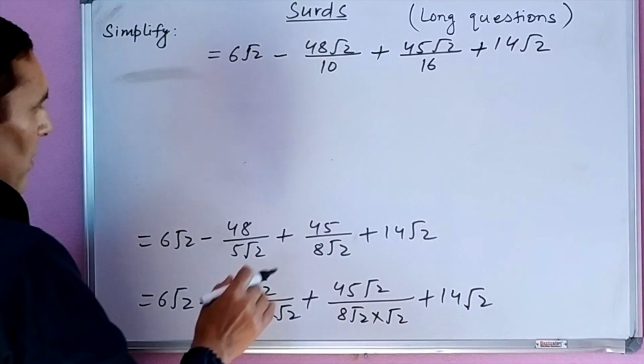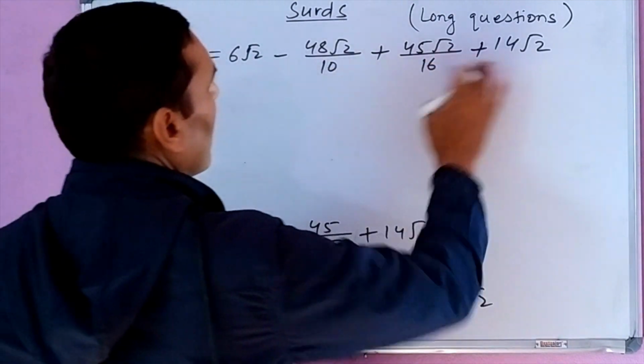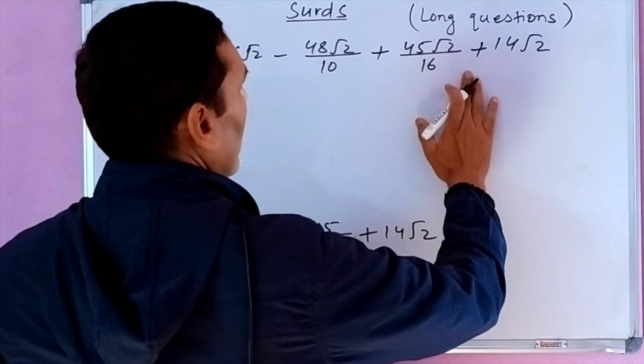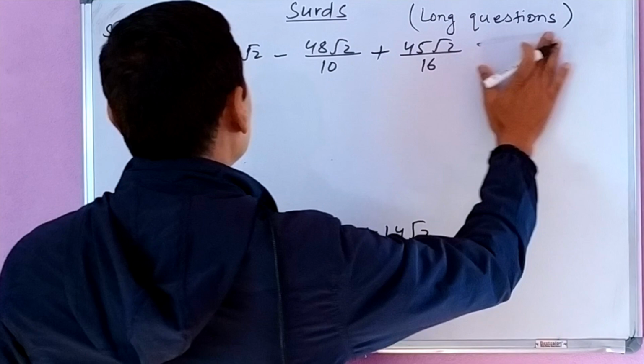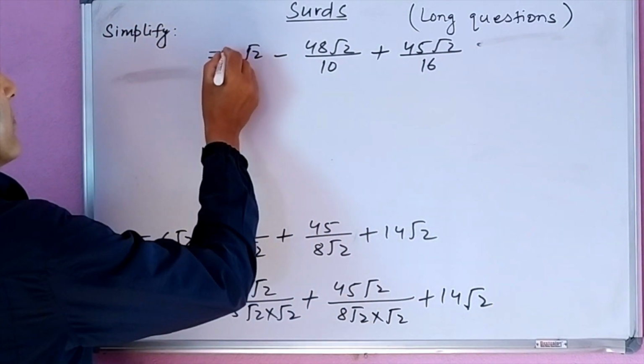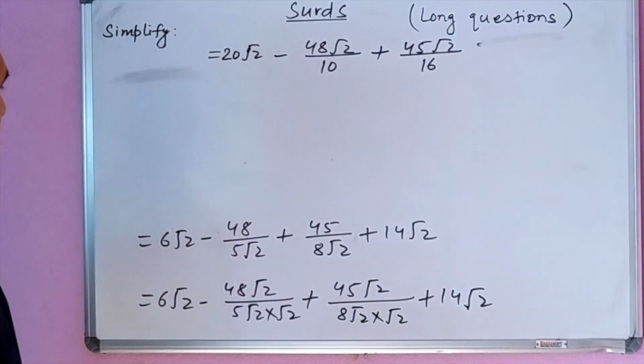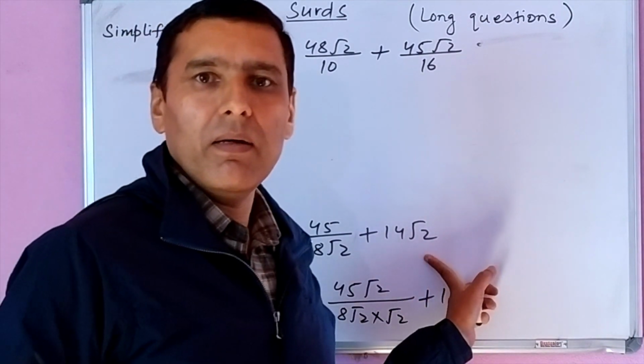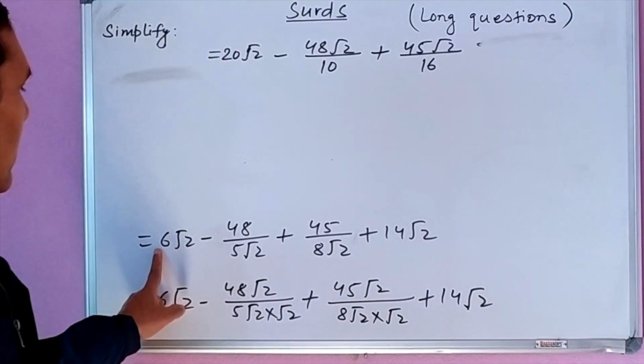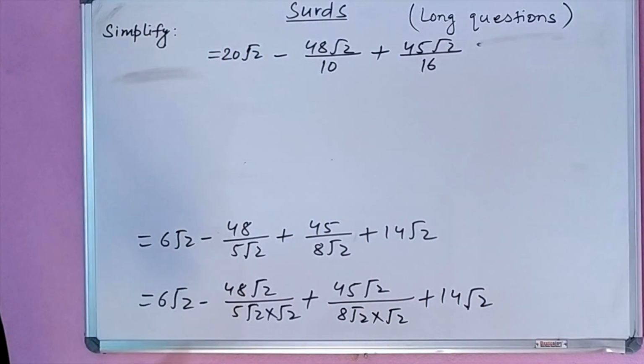For 6 root 2 and 14 root 2, we can write 20 root 2, because they are like surds which can be added. So 6 plus 14 is 20, and root 2 as it is.